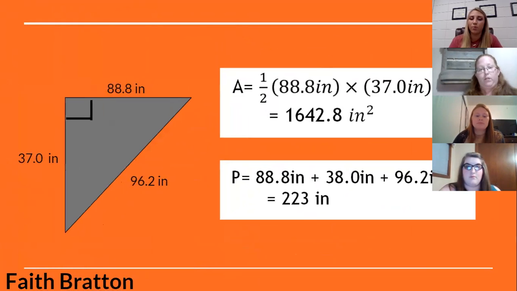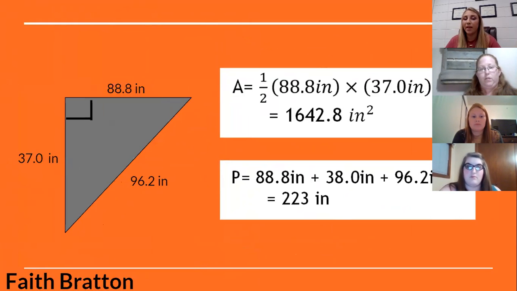Okay, for this triangle, we're doing the exact same thing. It's a little bit different because we don't have to do the marker down the middle of it because we already have the height, which is the longest edge on the outside of this triangle, which is 37.0 inches. So we'll know that that will be our height. Our base will still be 88.8 inches, just like if we had the triangle flipped upside down.